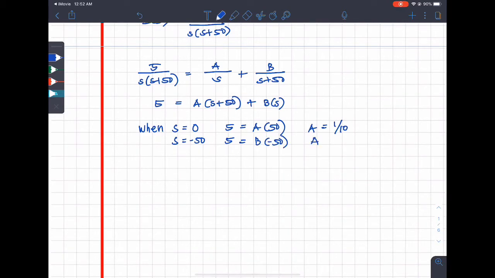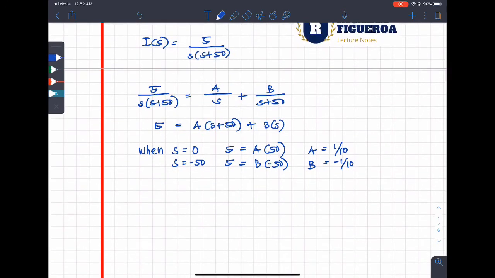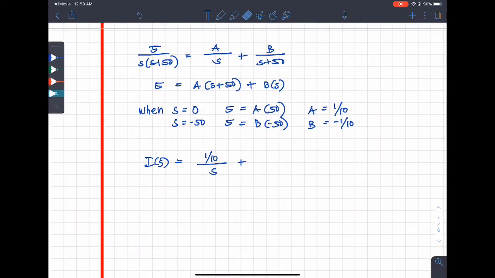So B then would just be equal to negative 1 over 10. So therefore, our I of s would be 1 over 10 divided by s, minus 1 over 10 over s plus 50.